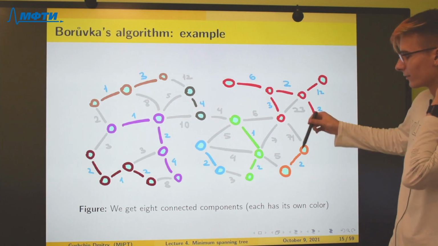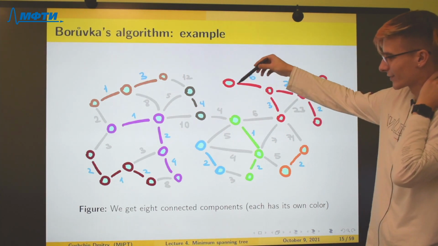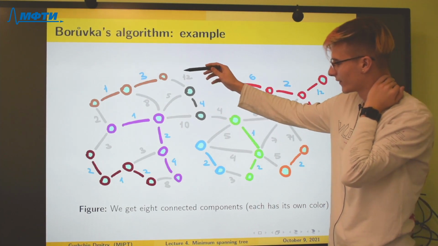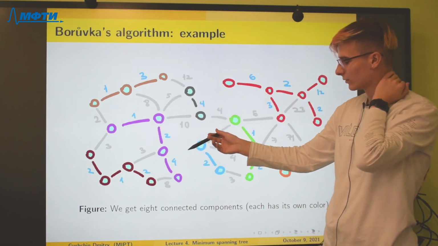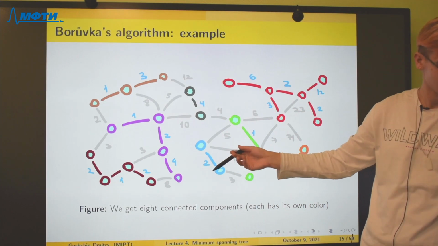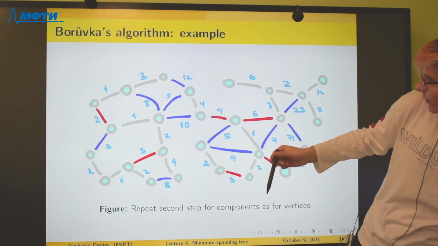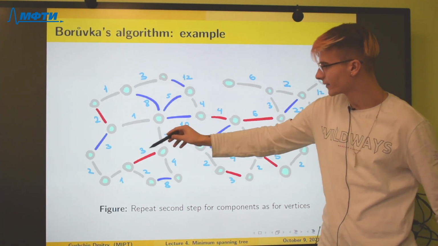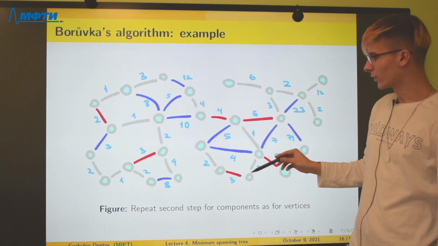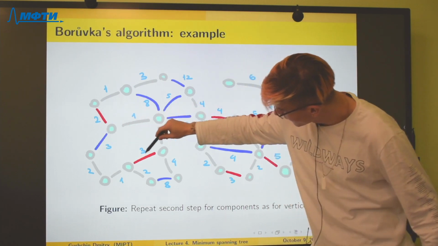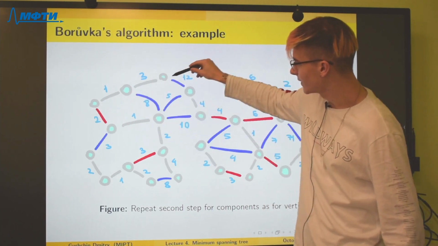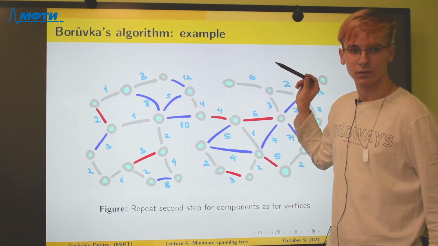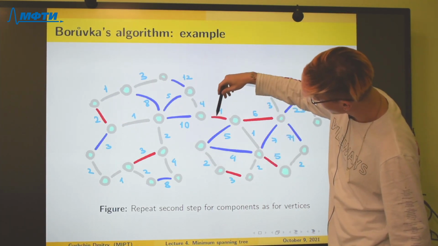Yeah. After the first step, we have 1, 2, 3, 4, 5, 6, 7, 8 components. Yeah, and then we add this edge, this edge, this, and this. Yeah, because this is the minimum in this cut, this minimum in this cut, this minimum in this cut, in this cut.